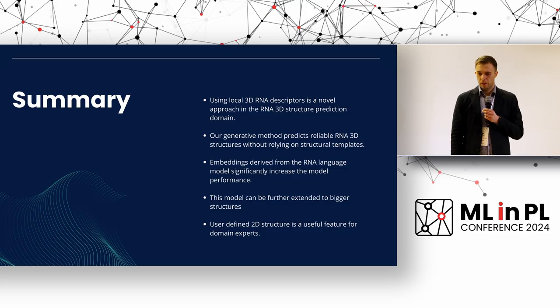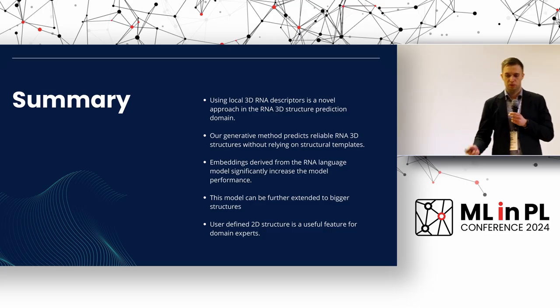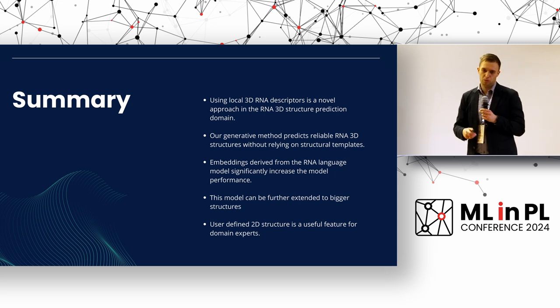All right, so to sum up, our approach, using RNA 3D descriptors, is a novel approach in the RNA 3D structure prediction domain. And we show that it's able to predict reliable 3D structures. And what is important, we did not use structural templates.